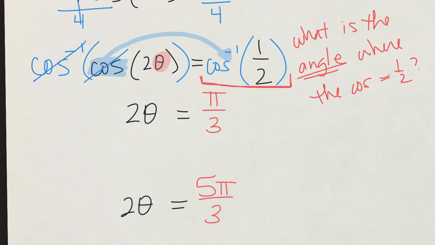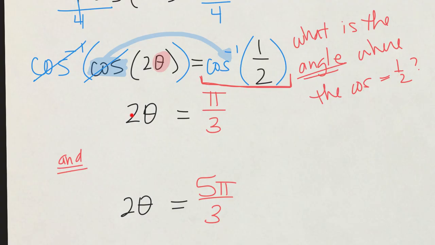Unless it's positive and negative, there are only going to be 2 angles for each of your trig values. So the cosine is 1/2 at pi over 3, and the cosine is 1/2 at 5 pi over 3. Okay, there are multiple angles on our unit circle with the same value, and we have to account for all of them.